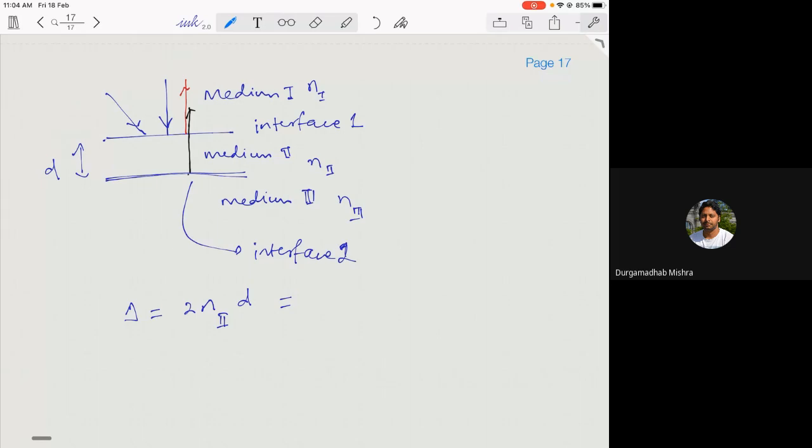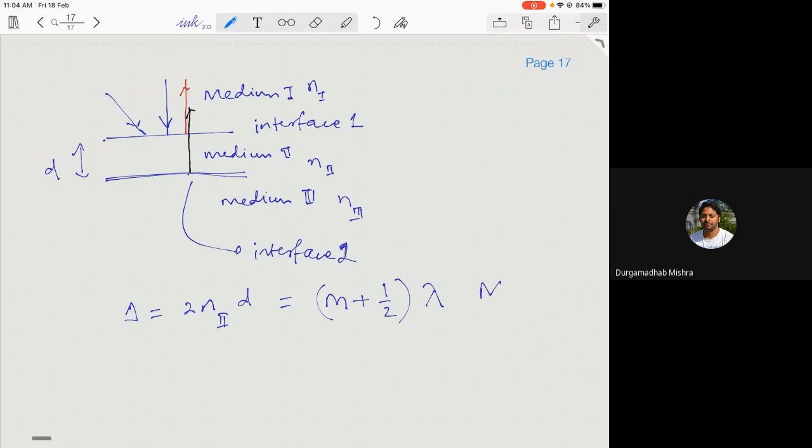This phase change is by pi, and that corresponds to a path difference lambda by 2. And that's why the condition for maxima and minima will be different. So now you have to account for this extra path difference lambda by 2 introduced due to the phase change.